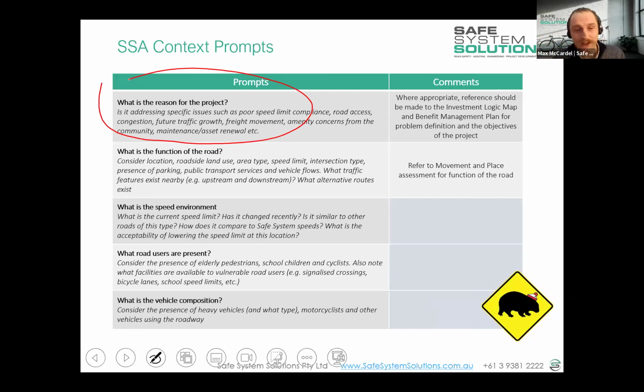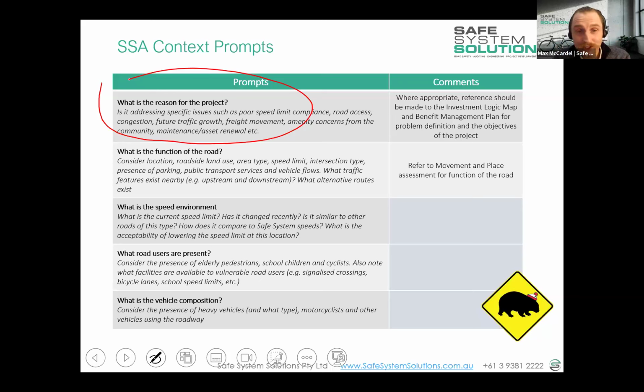It's possible that whatever you're proposing has higher crash risk scores. I've worked on a number of SSAs where the existing conditions will be at this level, and then what's being proposed is above, indicating that you're spending millions of dollars, but you're actually not getting a safety benefit. And that's because the reason for the project is actually to reduce congestion.